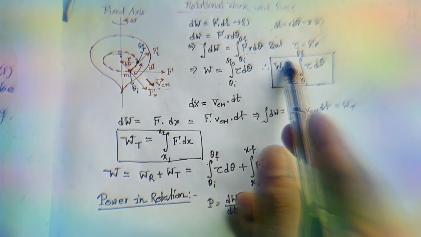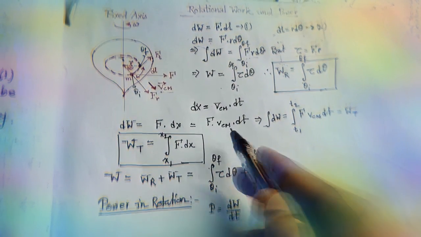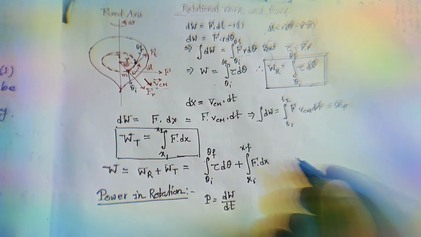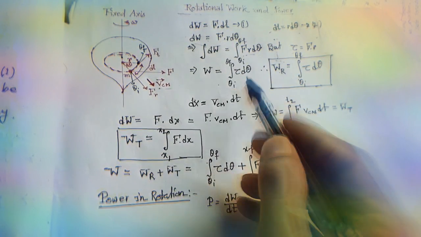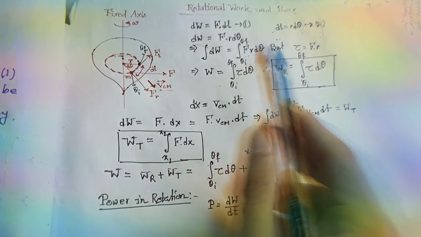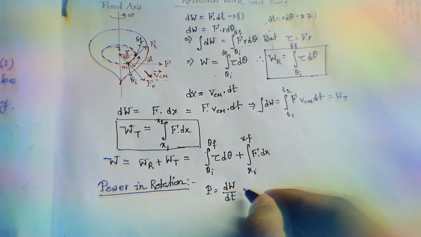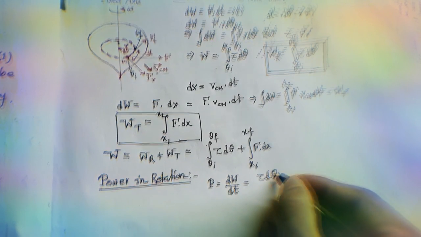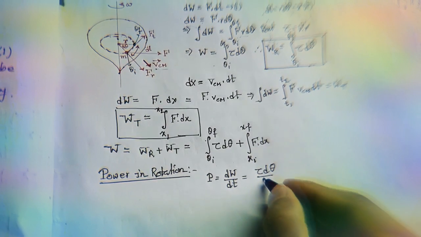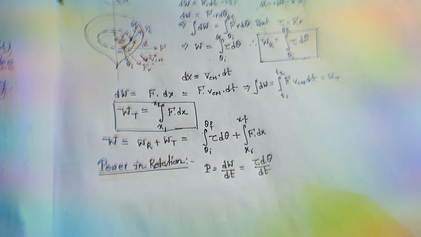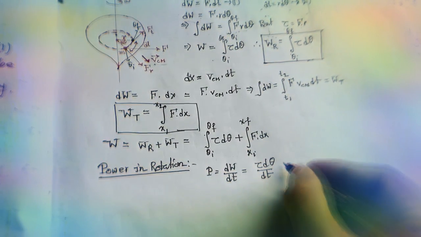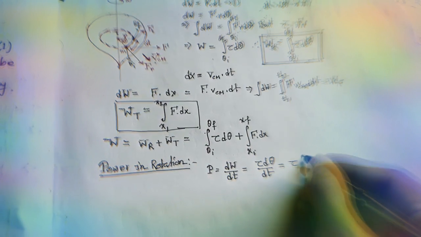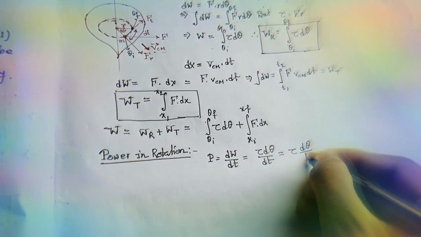Now as we know, this dW for rotation is F r d theta or tau d theta. So instead of dW we'll write tau d theta, and it is divided by dt. So our power will be equal to tau into d theta with respect to dt.